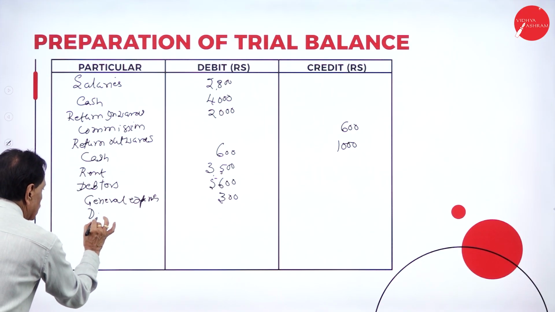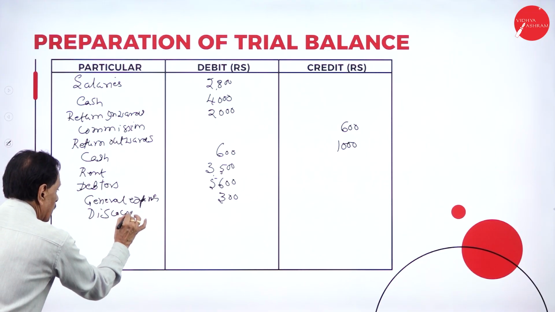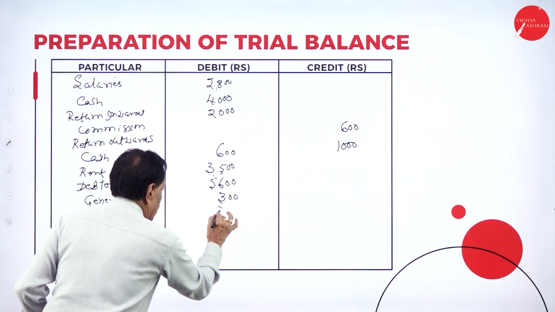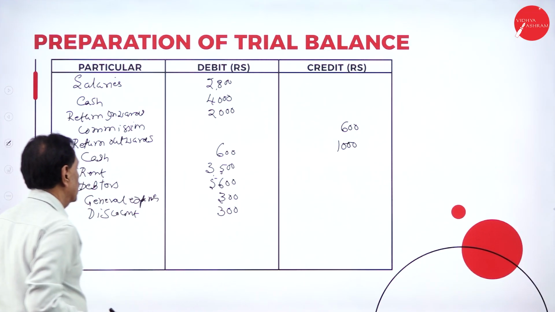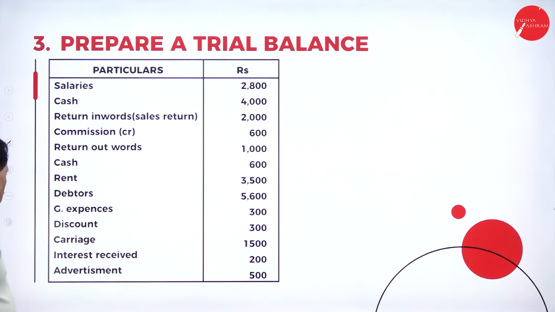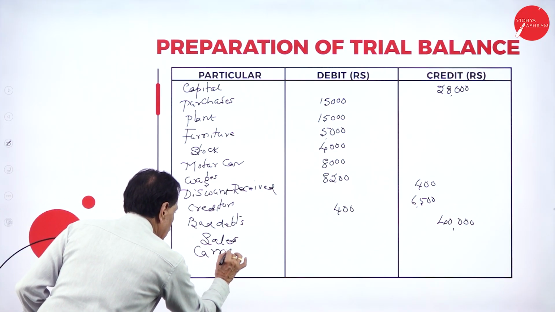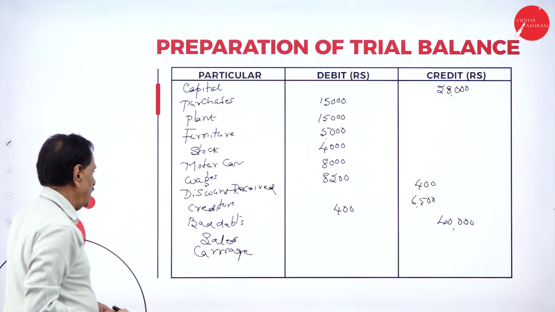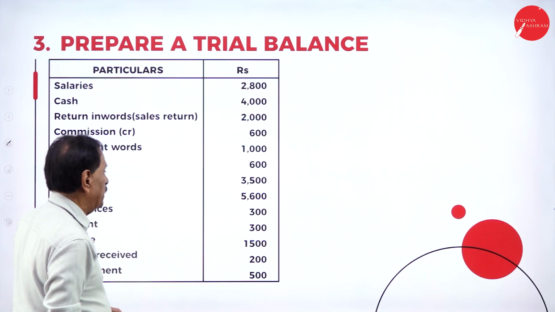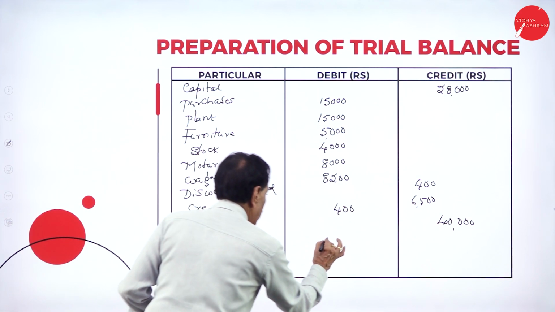Discount 300. Carriage, expenditure 1,500.